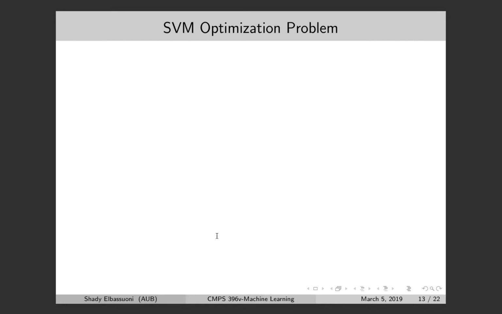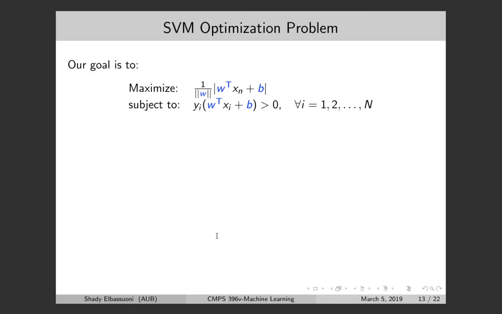Now the SVM optimization problem is stated as follows. Our goal is to maximize the margin. So I want the distance to the closest point to be as large as possible. So maximize 1 over norm w, absolute value of w transpose xn plus b, because that's the distance between the point xn, the closest point, and the hyperplane. And I want the data to be linearly separable.